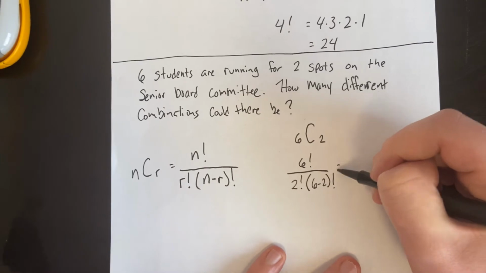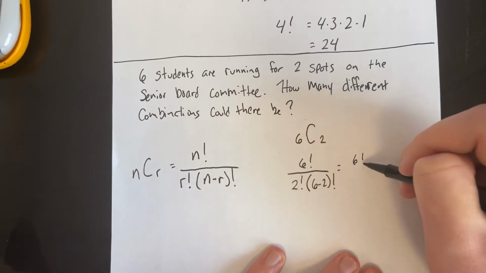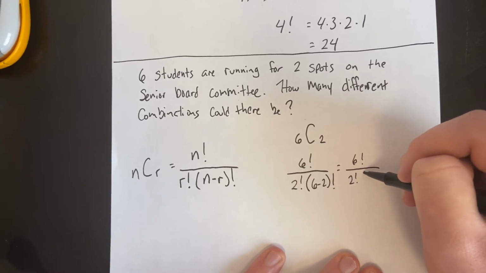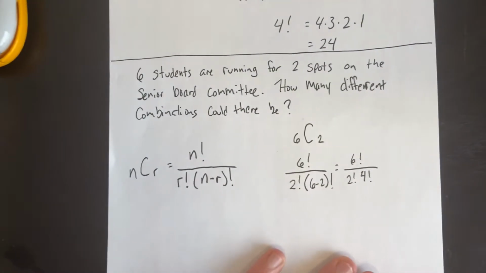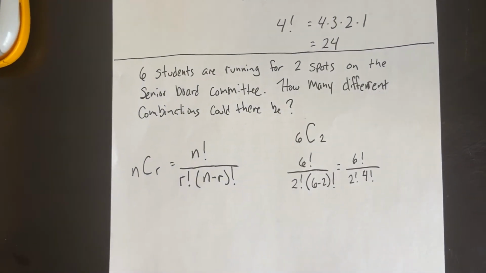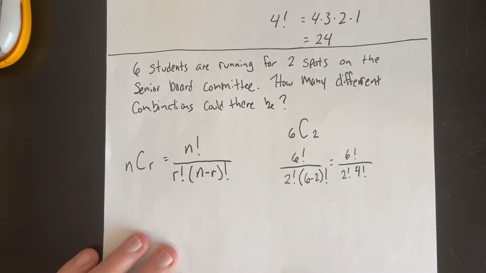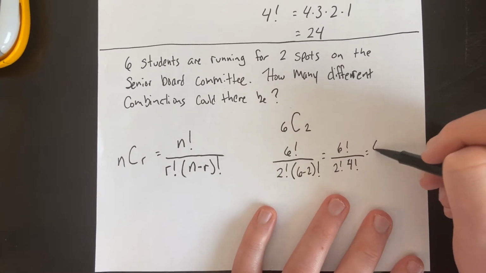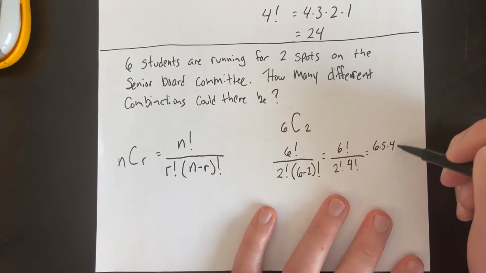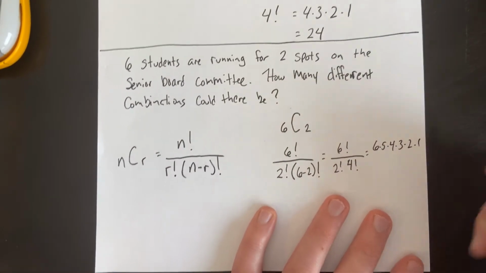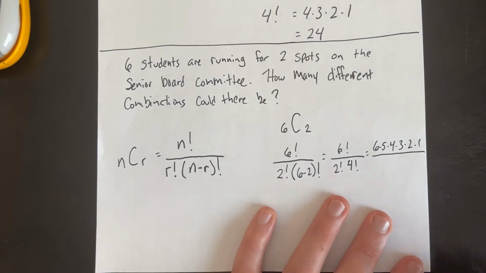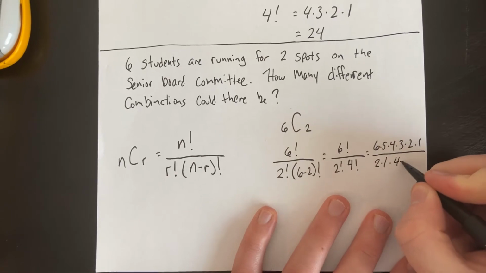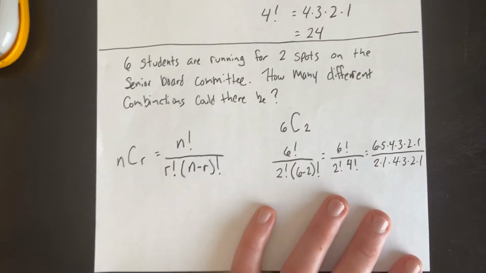We can clean up the parentheses. Now we have 6 factorial over 2 factorial times 4 factorial. In the first video I showed you, they list out the factorials: 6 factorial is 6 times 5 times 4 times 3 times 2 times 1, 2 factorial is 2 times 1, and 4 factorial is 4 times 3 times 2 times 1.